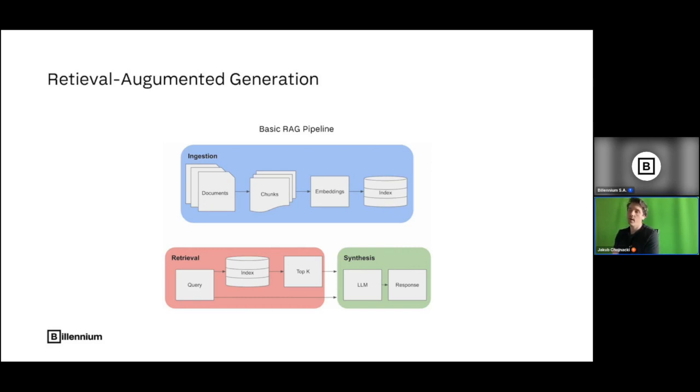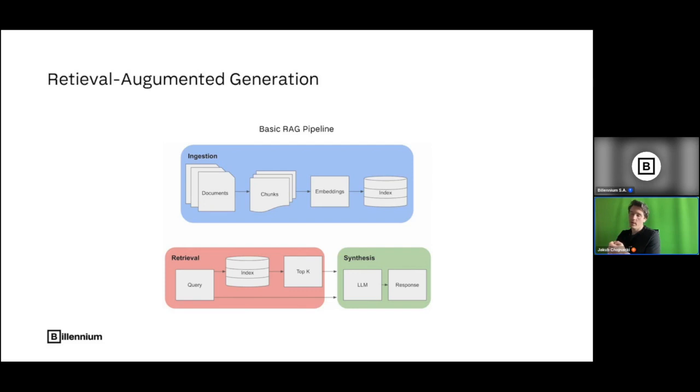So given your query about what is the most common policy in my company, we would have the top K most relevant chunks about this question, and those top K chunks would later end up in a large language model that would be given this context, those chunks of documents, and the query from the user.